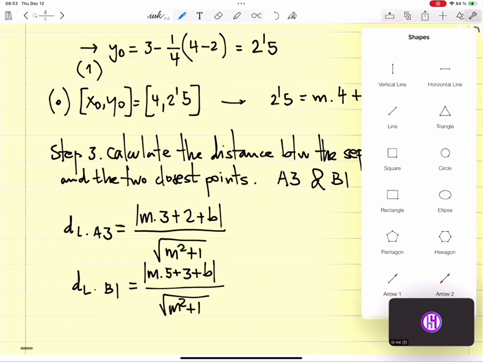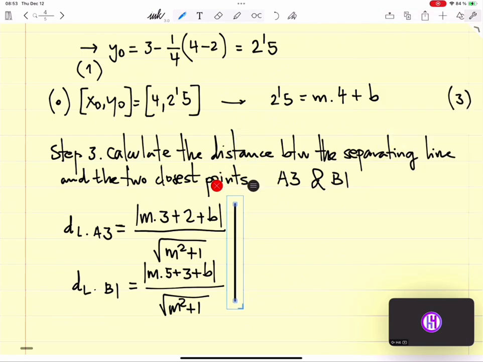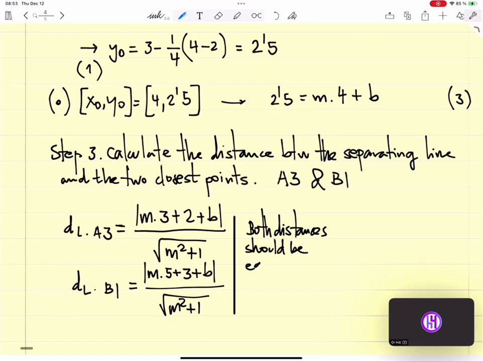Both distances should be the same. Both distances should be equal, to ensure maximum distance.